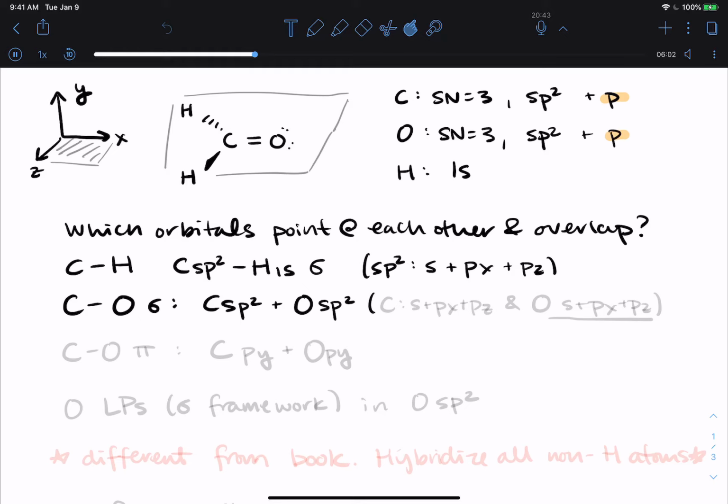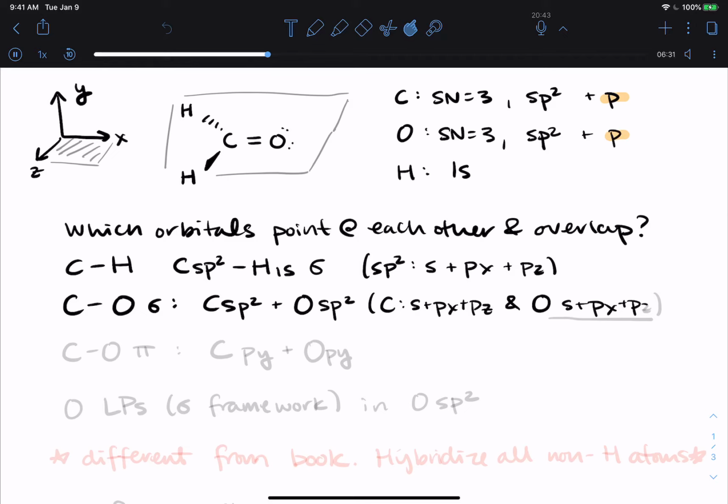Now my carbon, I'm already making sp2s out of px and pz, and that carbon-oxygen sigma bond also exists in that plane. So on carbon, it's still going to be s plus px plus pz. And for oxygen, it's going to be the same.